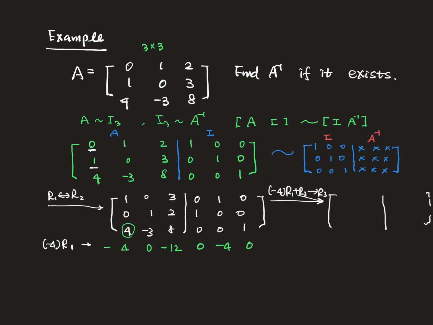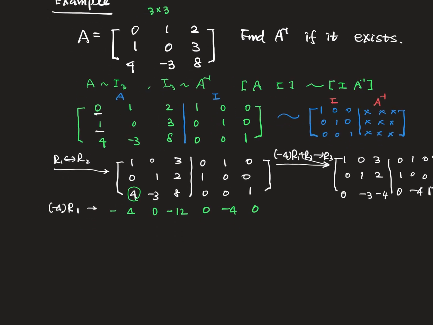Adding together, the third row becomes 0, negative 3, negative 4, 0, negative 4, 1. The other rows are 1, 0, 3, 0, 1, 0 and 0, 1, 2, 1, 0, 0.